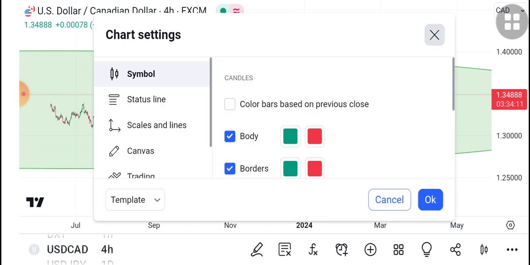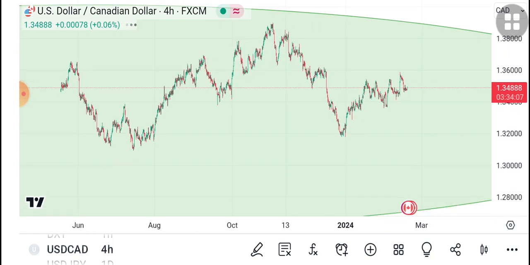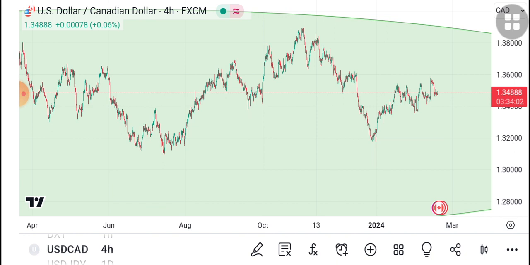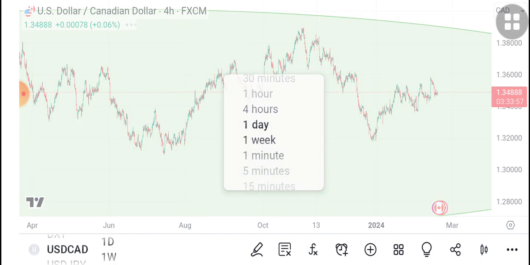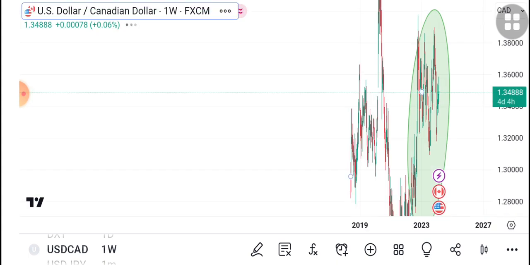Right now we are in the 4-hour time frame, and you can see that what I highlighted on the weekly time frame is actually more than what we were seeing. Each and every candlestick from the weekly time frame was broken down into individual 4-hour candles.